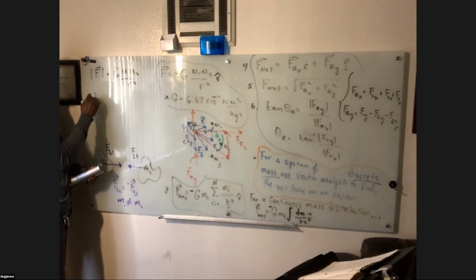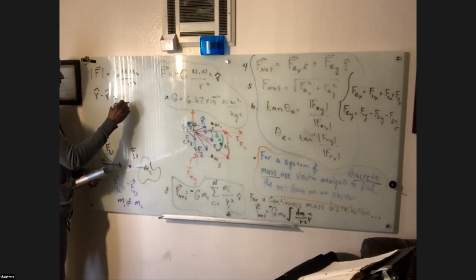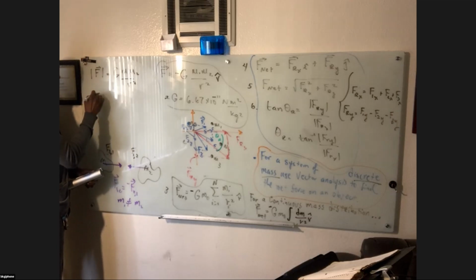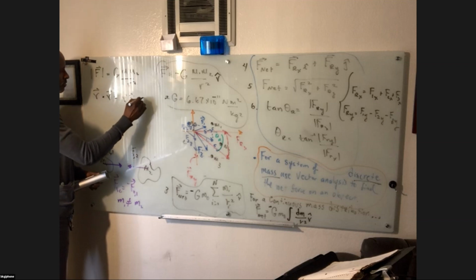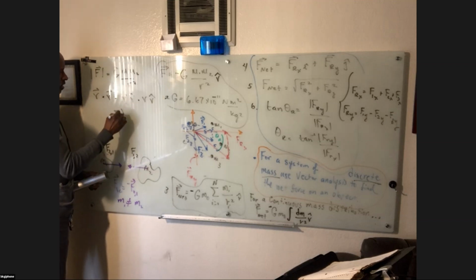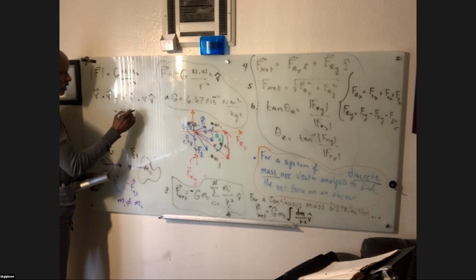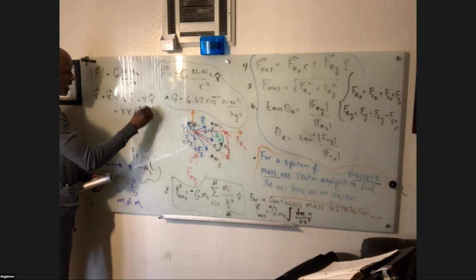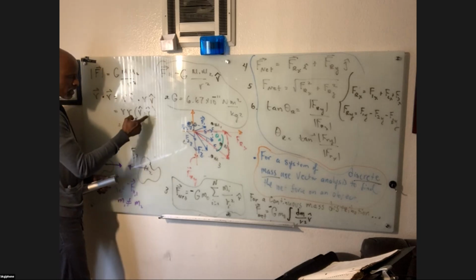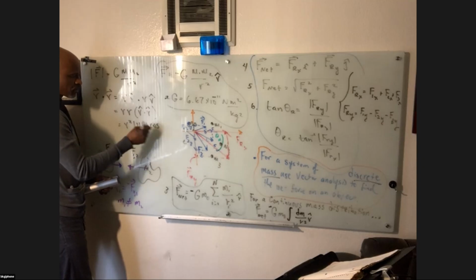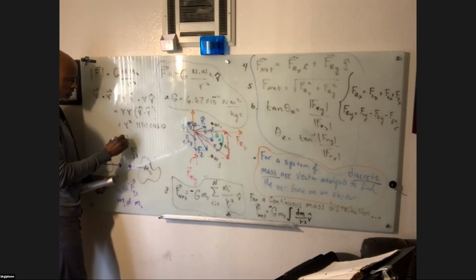The way you work it out is you do a vector times a vector. That's a unit vector, so it's the magnitude of the vector times the unit, times the magnitude of the vector times the unit. You can factor it out, so r squared times r hat dot r hat, which is r squared times the definition of a cosine. A unit vector has magnitude 1, so 1 times 1 times the cosine of the angle between them, but they're parallel, so the cosine is 1. So that's just r squared.